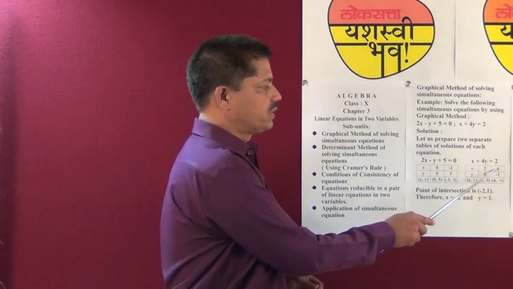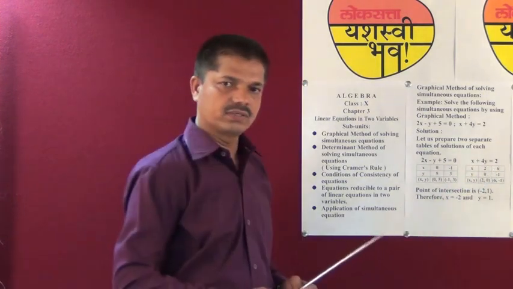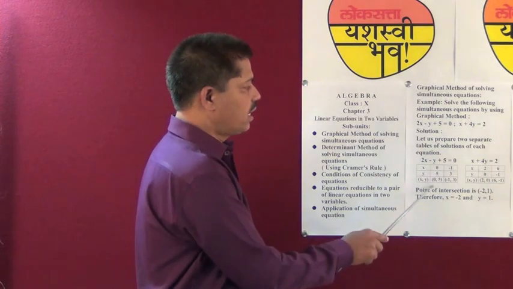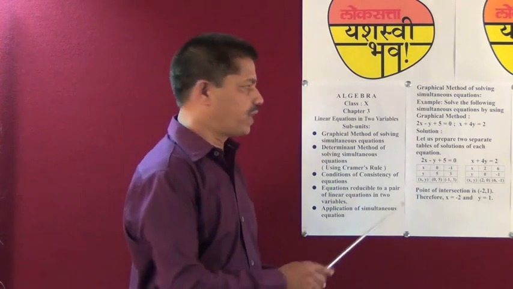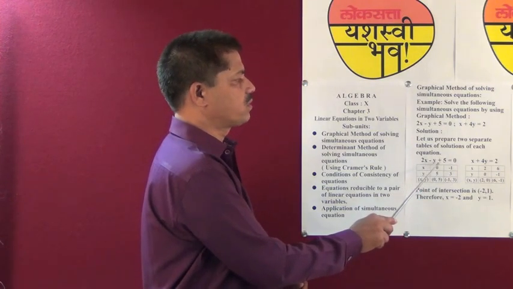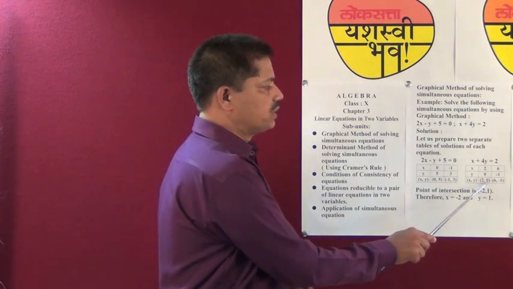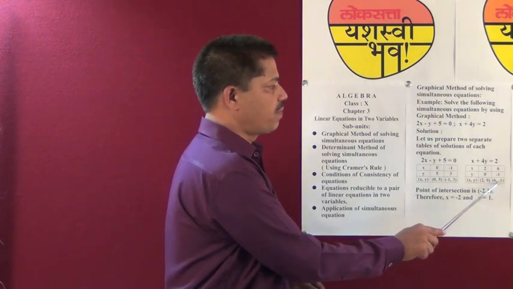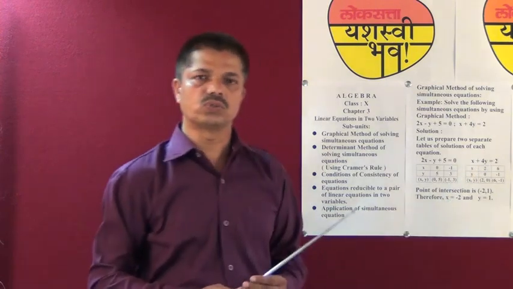When x is equal to 6, the corresponding value of y is minus 1. You know that these points (0, 5), (minus 1, 3) satisfy the equation 2x minus y plus 5 is equal to 0, and (2, 0) and (6, minus 1) satisfy the equation x plus 4y is equal to 2.